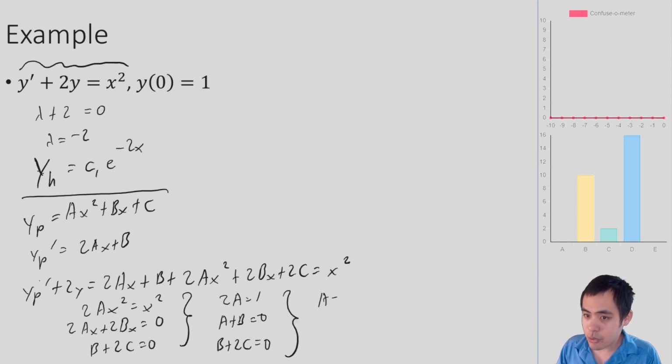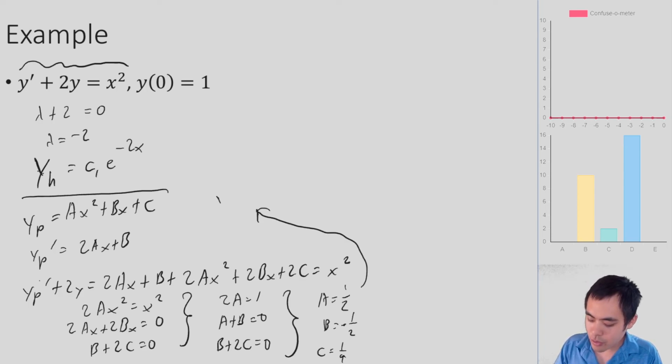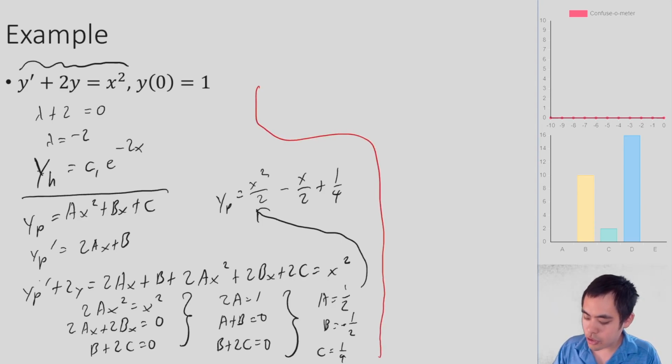And you get a is equal to 1/2, b is equal to minus 1/2, c is equal to 1/4. Putting these all back in, you get yp is equal to x squared over 2 minus x over 2 plus 1/4. And that's just solving for the particular solution.